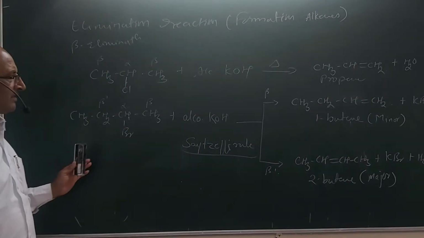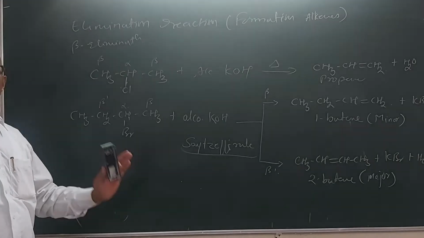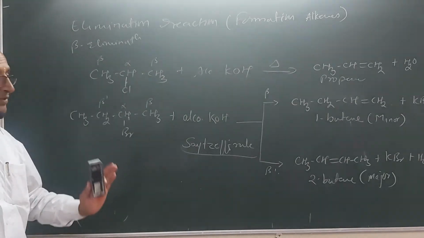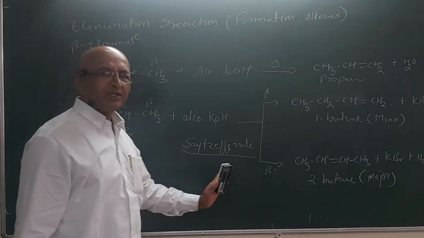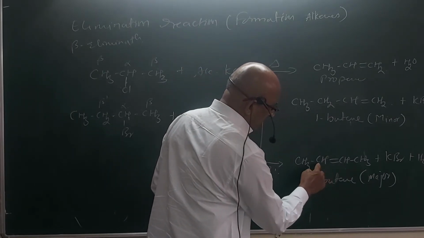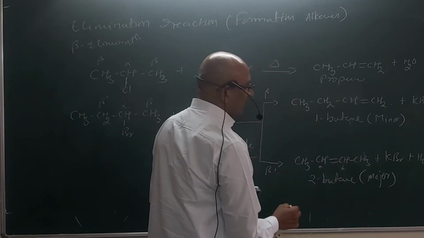Saytzeff's rule states that in an elimination reaction, the alkene which is more substituted is obtained as the major product. The olefinic carbons here, this carbon and this carbon, are the two carbons involved in the double bond formation.